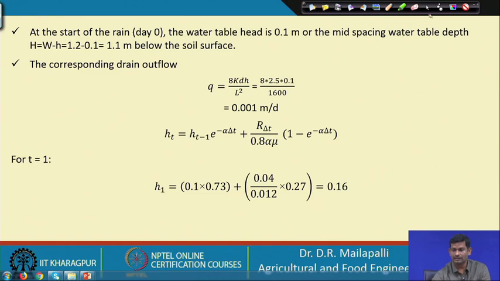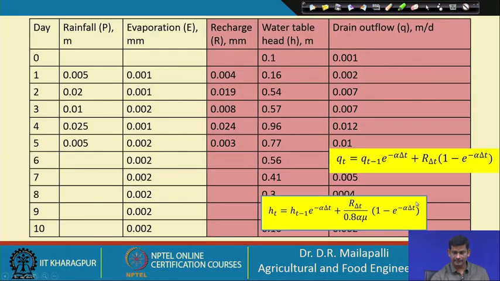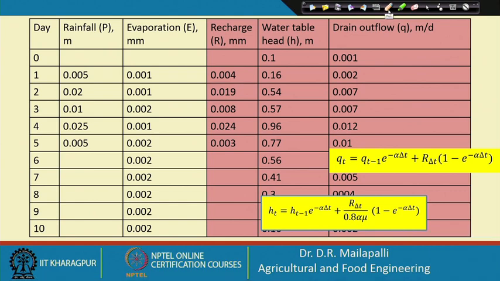So, we will go to the previous slide. This is the slide we need to concentrate on. Here, the days are in the first column, the rainfall in the second column, evaporation in the third column, and the rest we need to estimate: the recharge, water table head, and drain outflow. Okay.